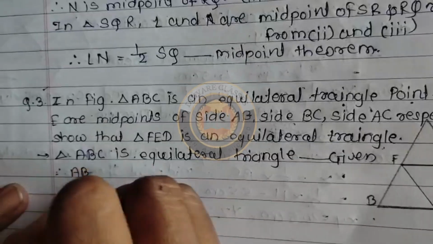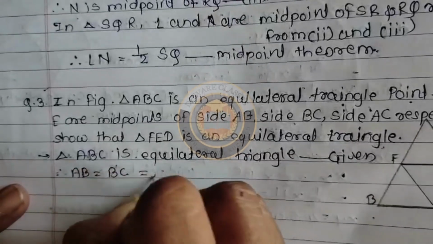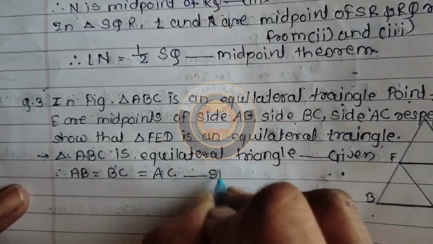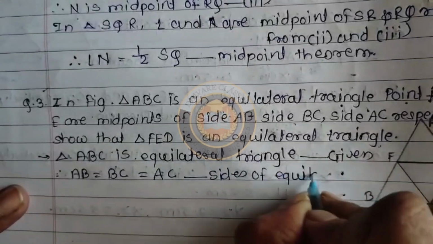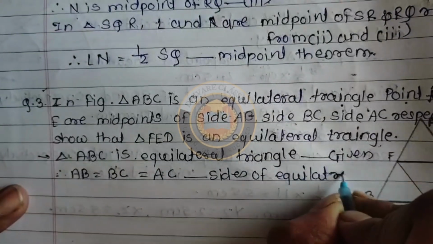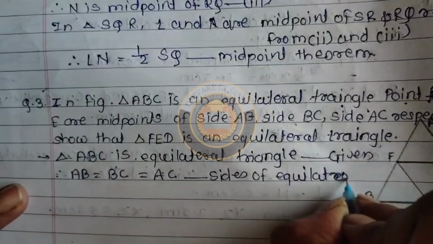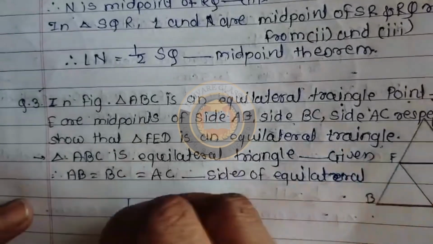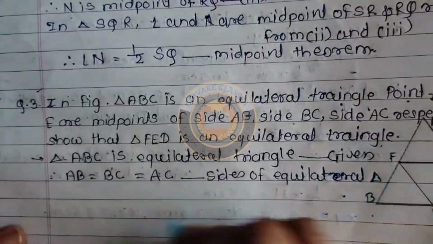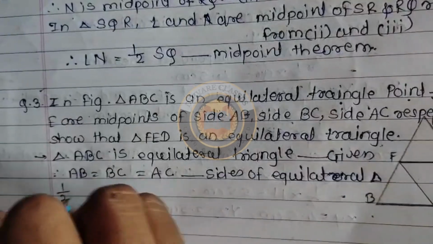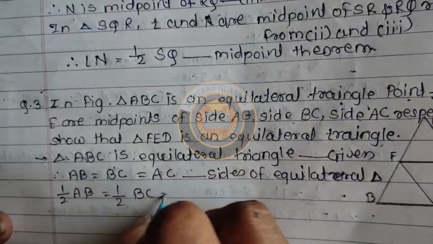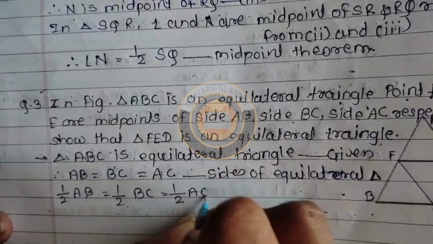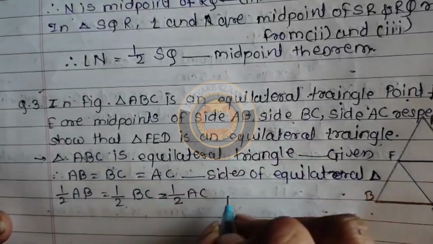Therefore AB is equal to BC is equal to AC, sides of equilateral triangle. ओके, तर इथे 1/2 AB equals to 1/2 BC equals to 1/2 AC, multiplying by 1/2.